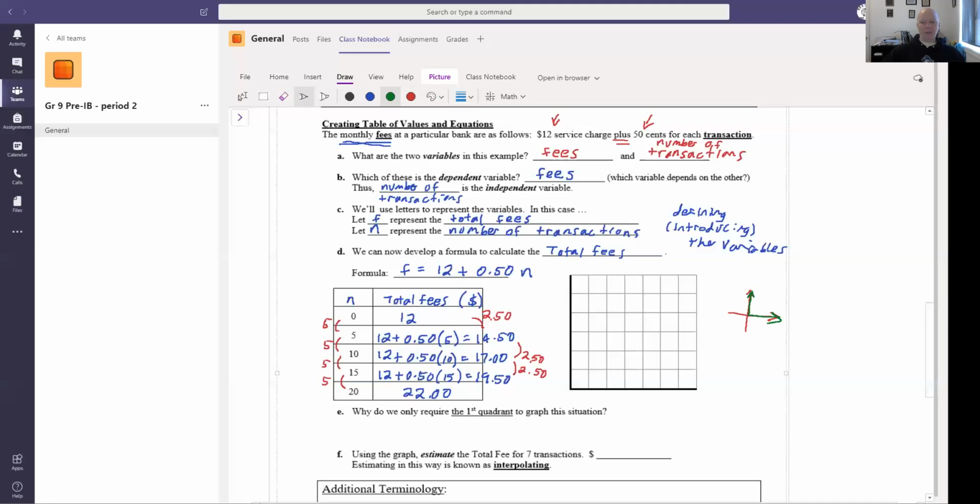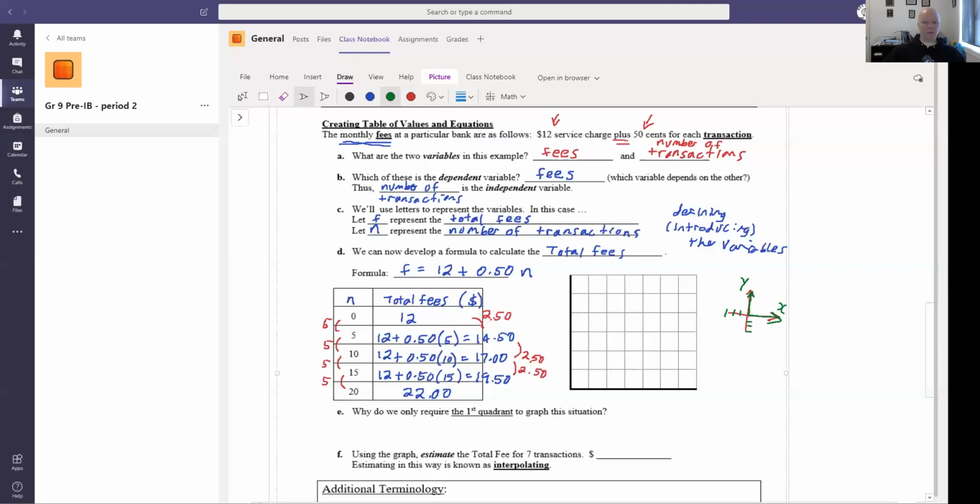Why do we only have to use this first quadrant? Well, if you remember from past years talking about the values on number lines, the vertical number line of y and the horizontal number line of x, to the left of the intersection point along the x, those are all the negative values, and below the intersection in the y-axis are all the negative values.